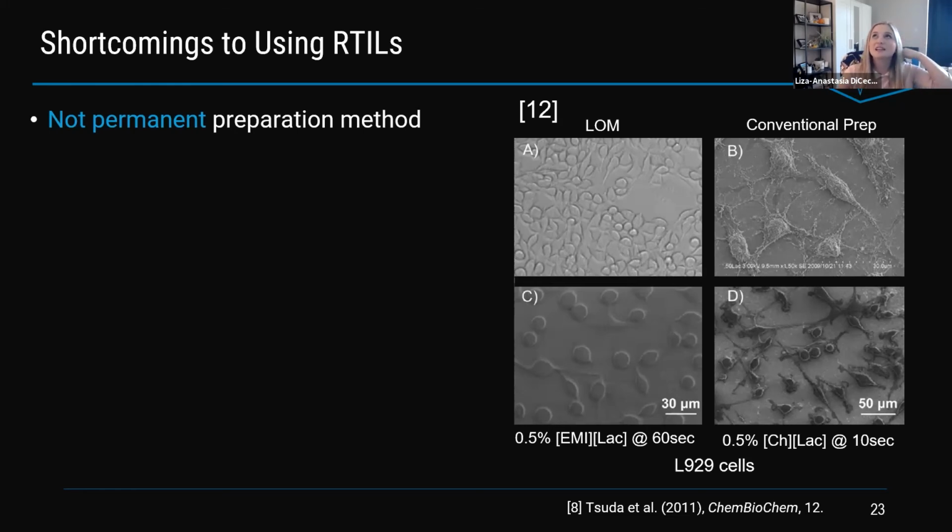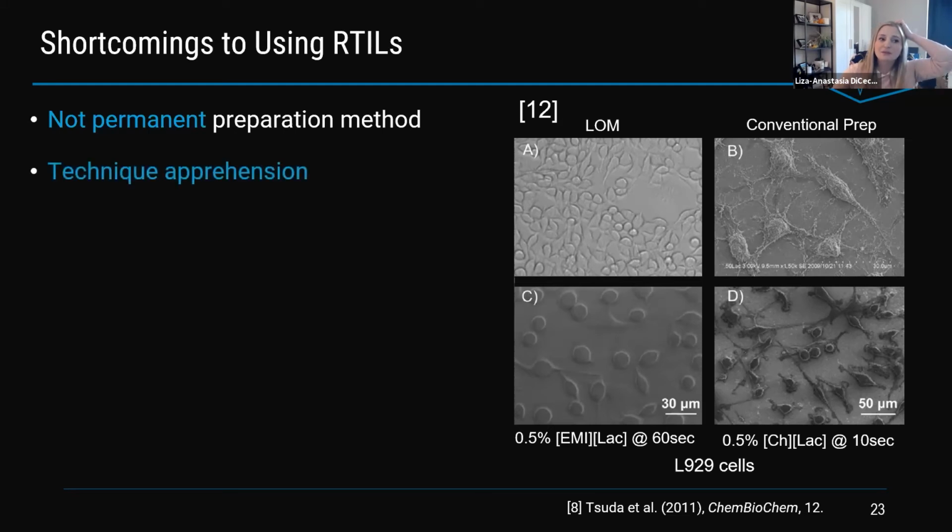In desiccators, we've been able to keep structures pretty nicely for up to 7 days, for cell structures and biofilm structures; maybe bone would last a little longer. I know in literature people have shown up to a month in a nice desiccator, a safe environment. But again, it's not a permanent preparation method, so you can't go back to this a year later when a reviewer asks you to do something else. You'd have to redo your whole experiment. So that's something to keep in mind.